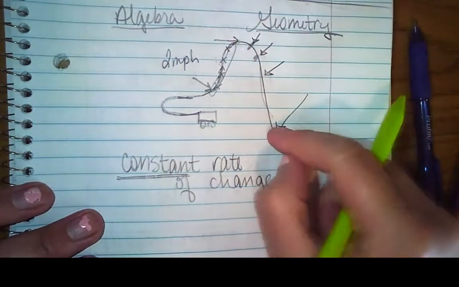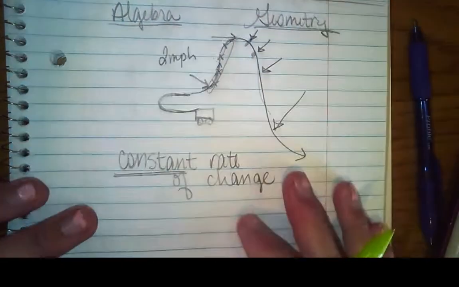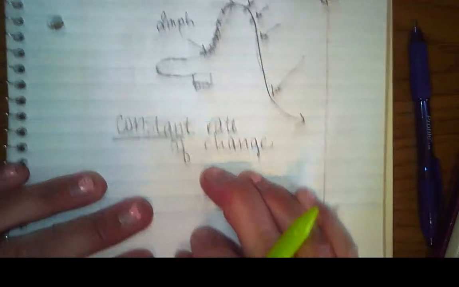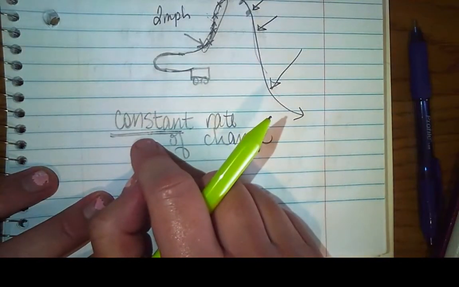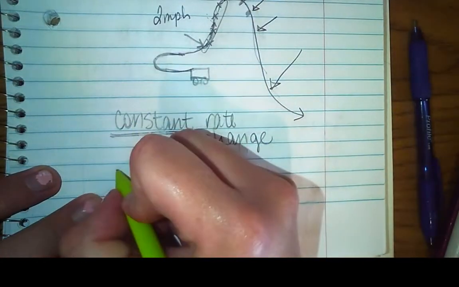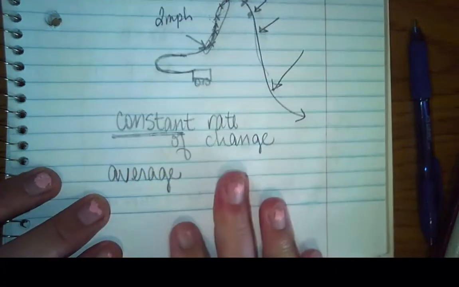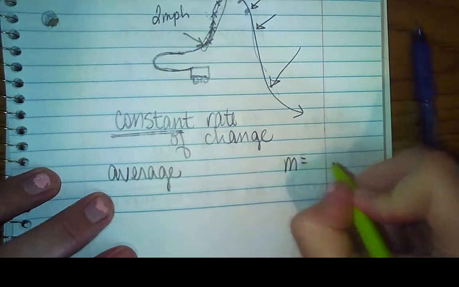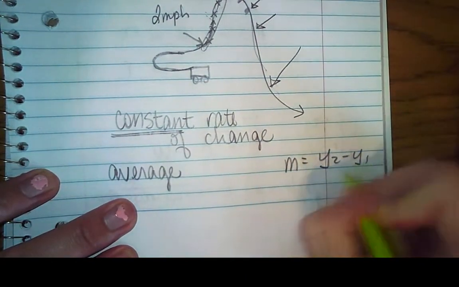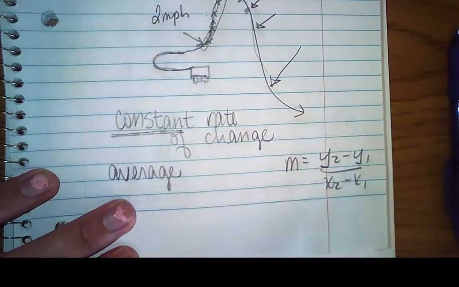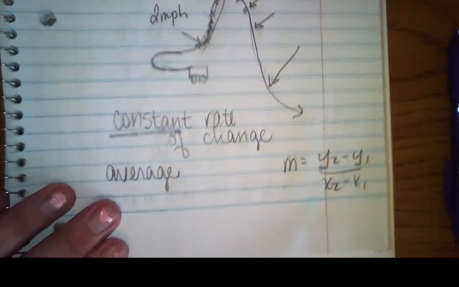Okay, so it's not constant on this side. So when we talk about rates of change, constant is going to apply algebra, so is average. If we talk about average rate of change, that's also going to imply algebra. And you know that that formula is y2 minus y1 over x2 minus x1. That's your formula for slope.